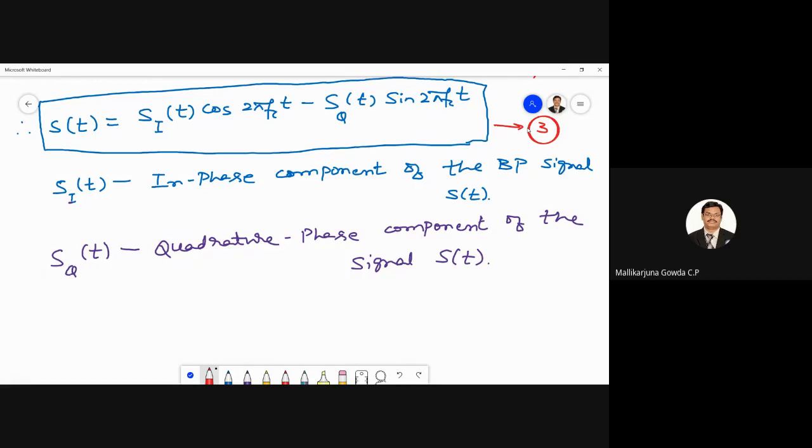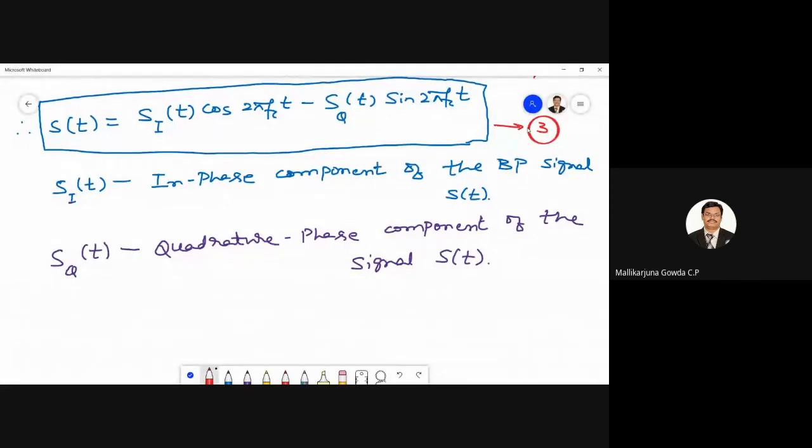And now, is it possible to say why, when I wrote in Cartesian form s tilde of t as si of t plus j into sq of t, I said si of t and sq of t are both real valued low pass functions? Maybe during that time you might have got a question that, to say real valued low pass function, sq of t is with the term j, it should be imaginary.